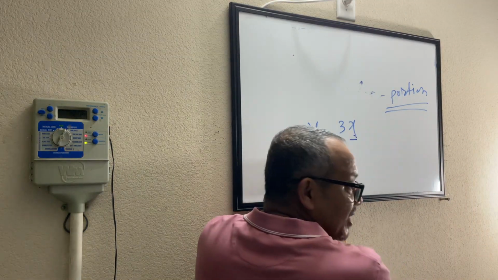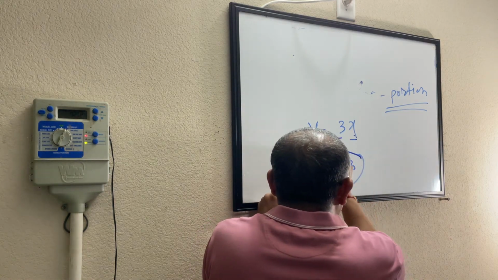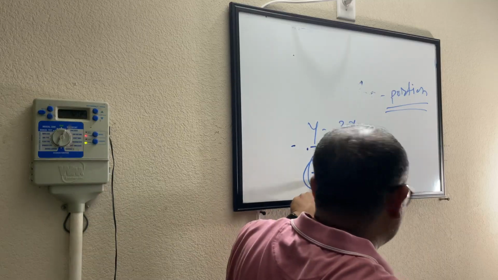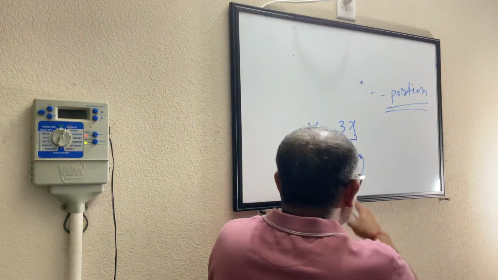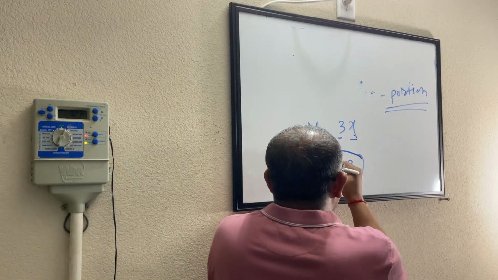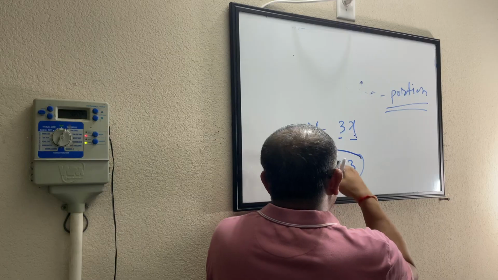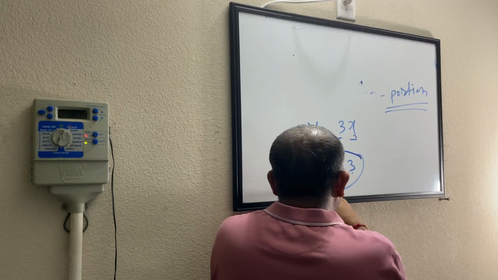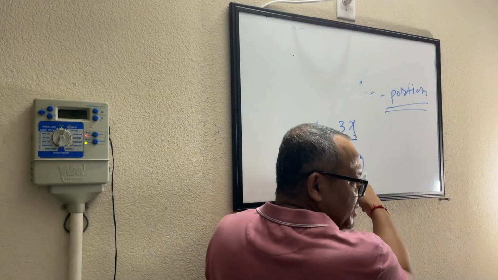It becomes y/x. Now there is a relationship between y and x. This relationship says y divided by x is equal to 3, or y is 3 times x, or x is 1/3 of y. Whichever way you read it.